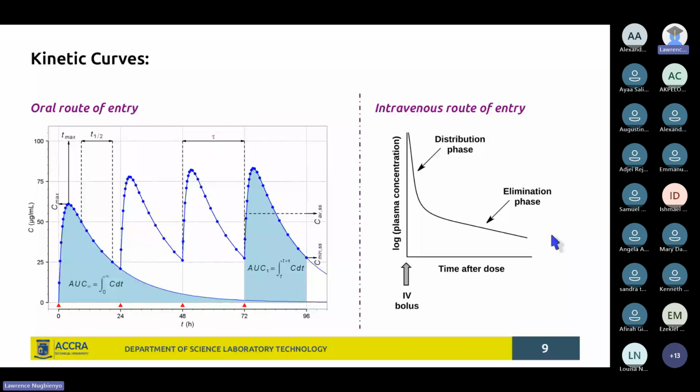So you see that the kinetic curves for oral, first of all, move up before coming down because of that process of absorption into the bloodstream. But for intravenous, it starts straight from the top, because the concentration is high from the beginning, and then it begins to come down.